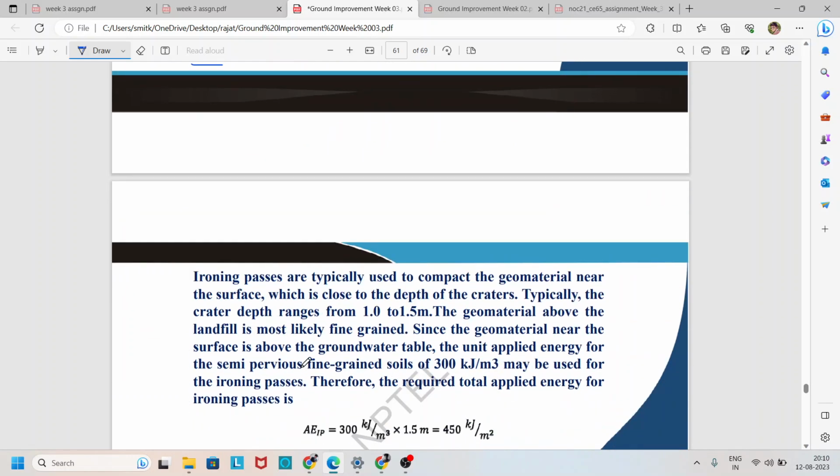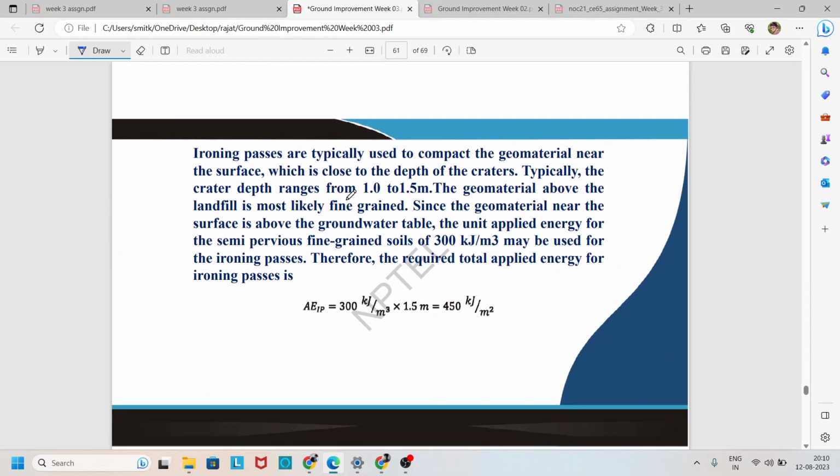After that, we find the total applied energy for the ironing pass. For that, we use the depth of the crater, which should be equal to the height of the tamper. We use the depth of the crater as the same height of the tamper. And we multiply by the unit applied energy for the ironing pass, which here is for fine grain soil, meaning we use fine grain material to fill the crater.